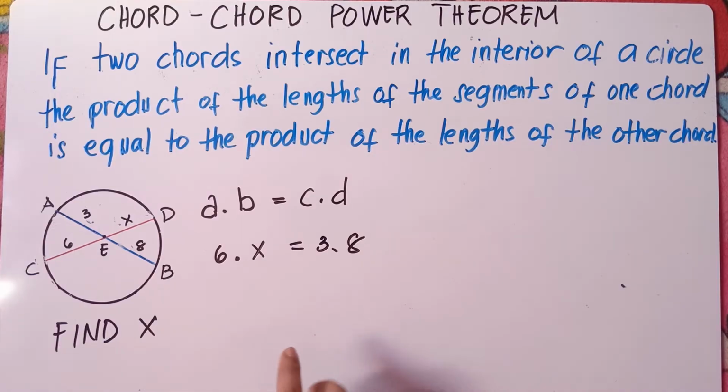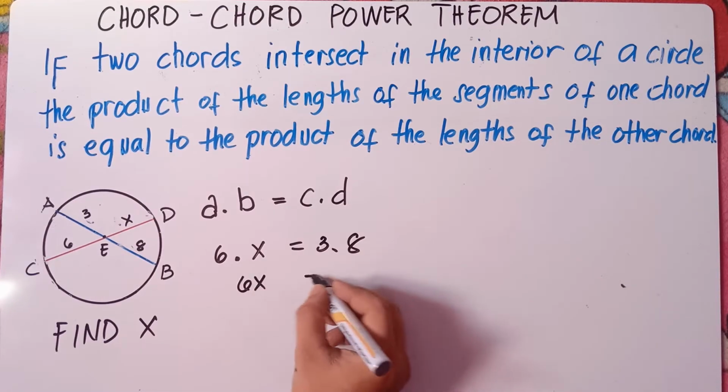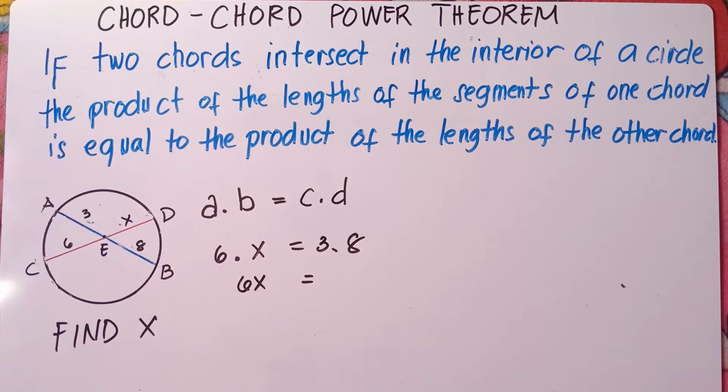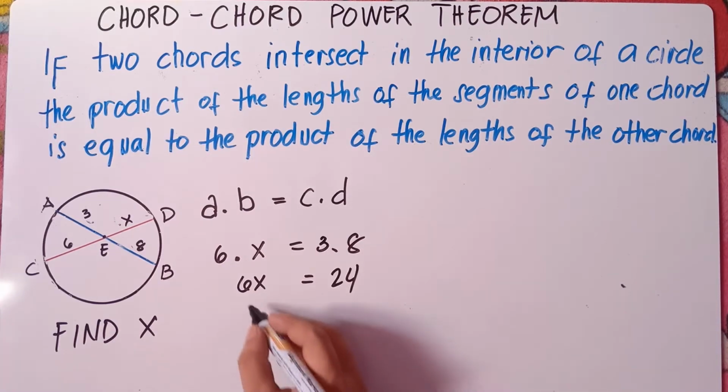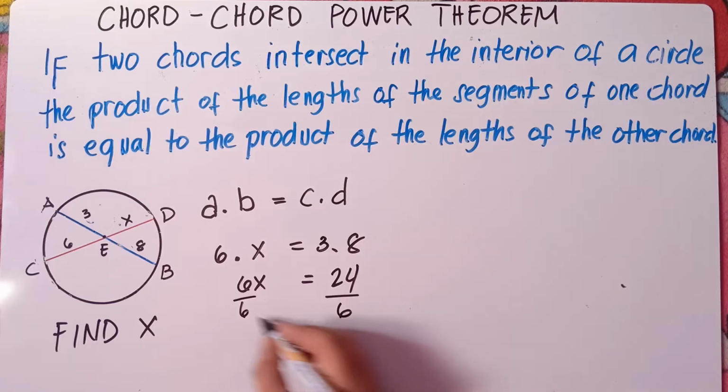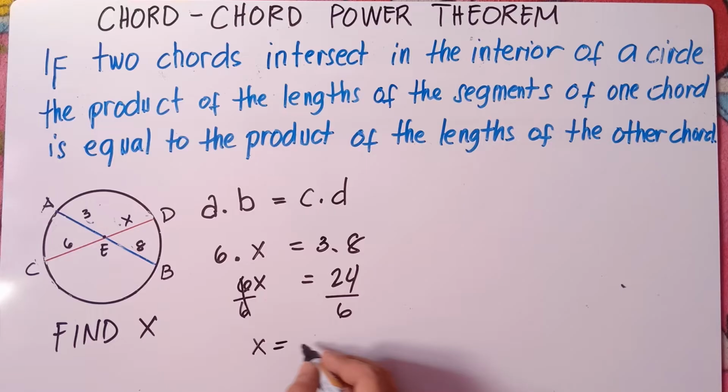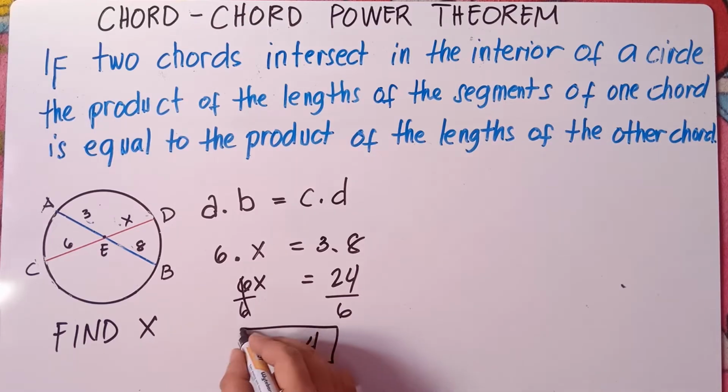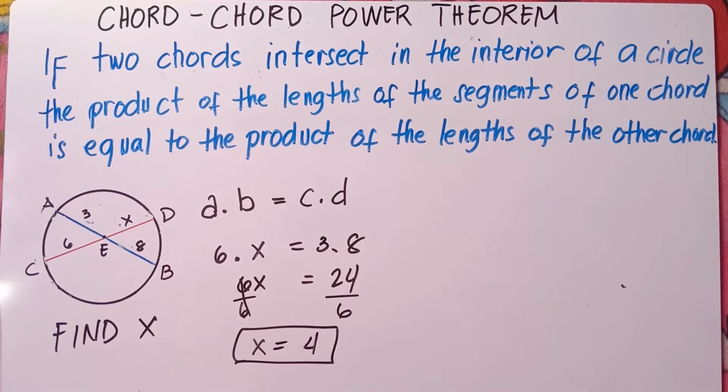So 6x equals 24. To get the value of x, divide both sides by 6, and your x will be 4. So x equals 4.